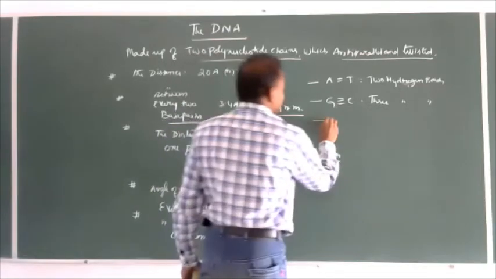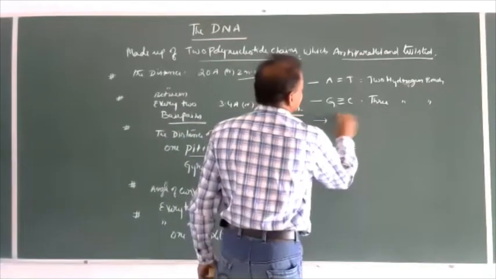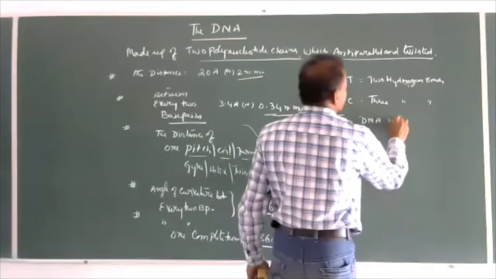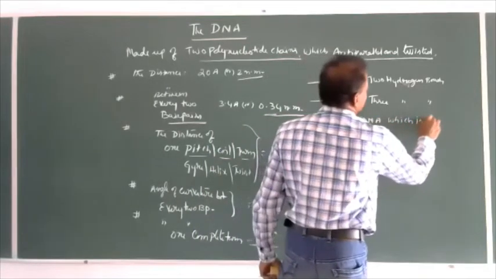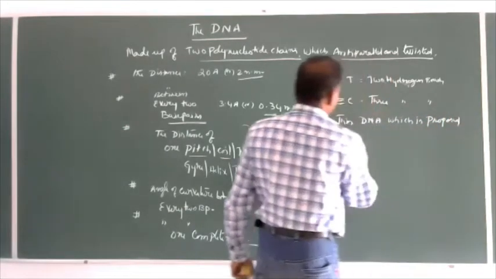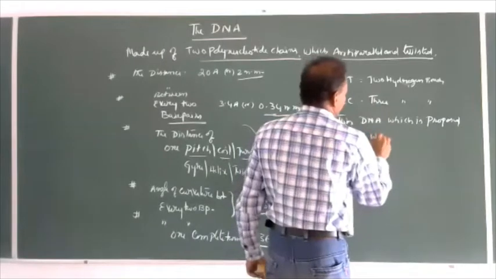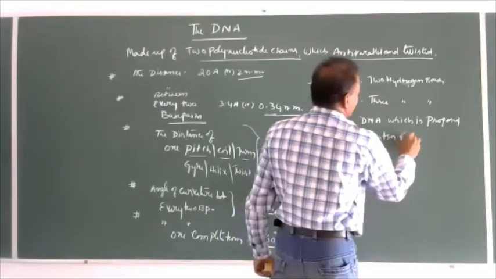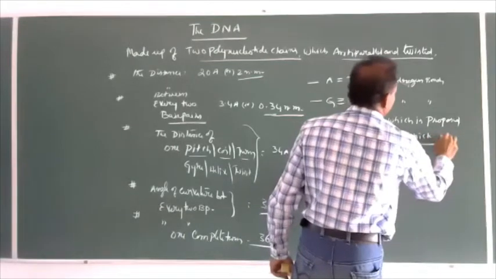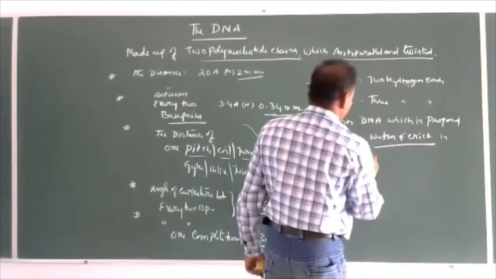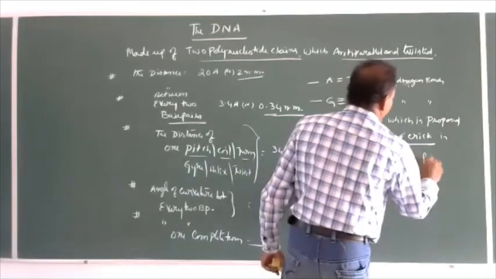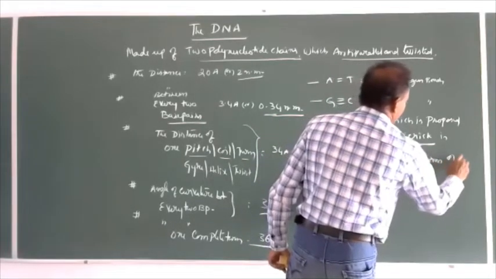All this DNA which is proposed by Watson and Crick is called B form of DNA.